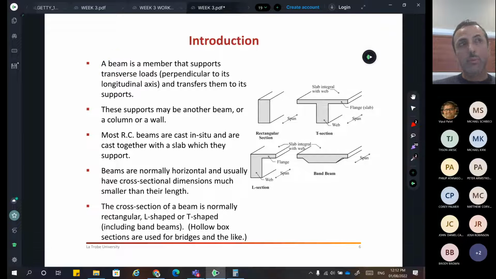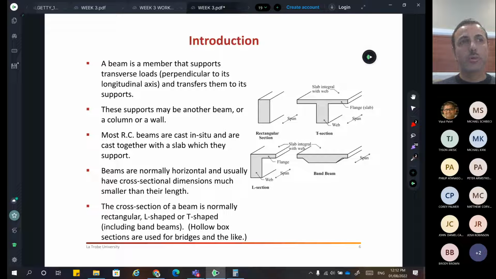And we're going to talk about beams from now until just a little bit after the middle of the semester. Then we're going to talk about slabs, then columns. So from week 3 today, almost to week 6 or 7, we will still be talking about beams, right? Because next week it's going to be the doubly reinforced.